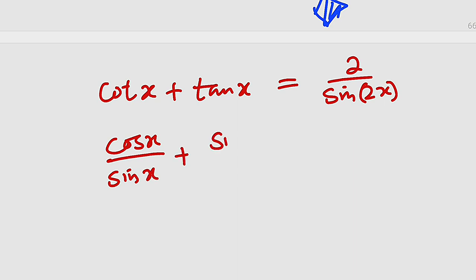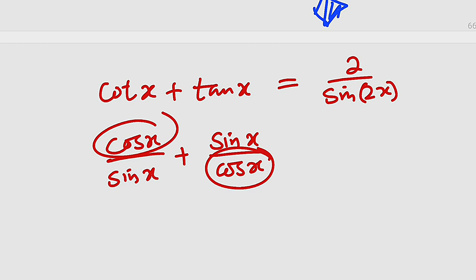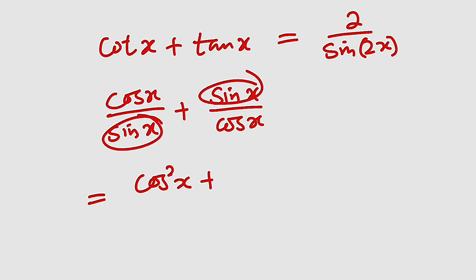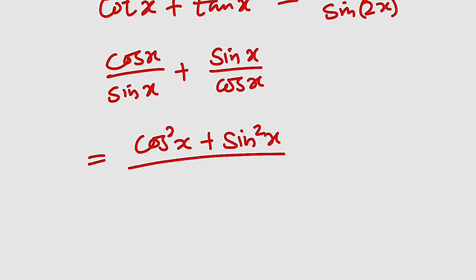And tangent is the same thing as sine divided by cosine. Let us simplify this. We take this, you multiply by this, that will give us cosine squared x. So this is cosine squared x plus, you take this, you multiply by this, you have sine squared x, divided by the product of sine and cosine, right? So we have sine x cosine x.